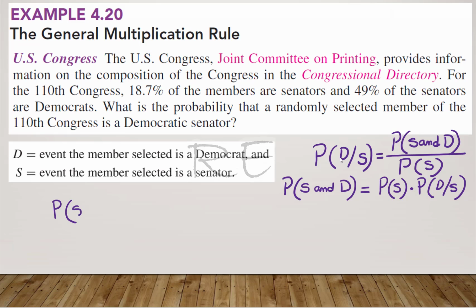P of S and D will be equal to P of S, and P of S is 0.187, multiplied by P of S given D, which is 0.49.